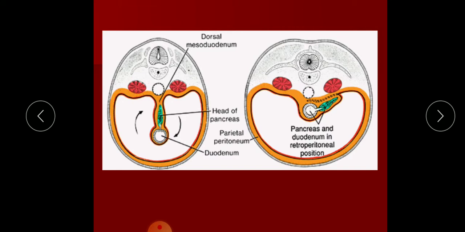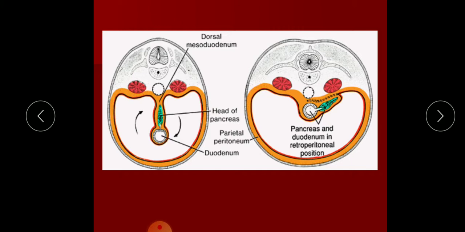Now you find the peritoneum is covering only the anterior surface. Why? Because this mesoduodenum gets absorbed by zygosis, and that makes duodenum retroperitoneal. What do you mean by the term retroperitoneum? It means the peritoneum is covering only this anterior surface, because of this absorption of the mesoduodenum.